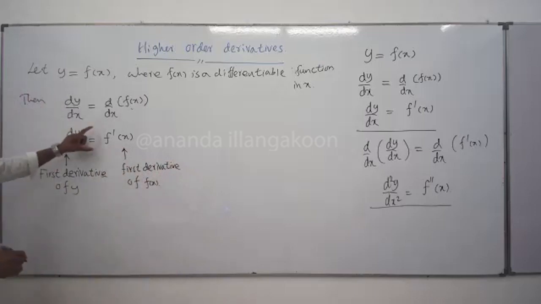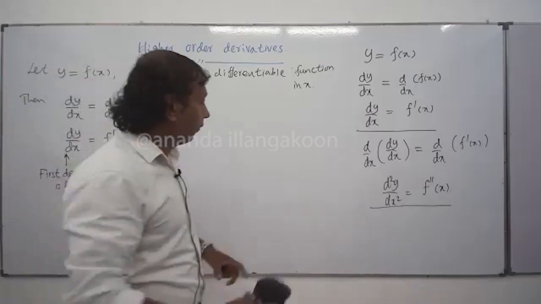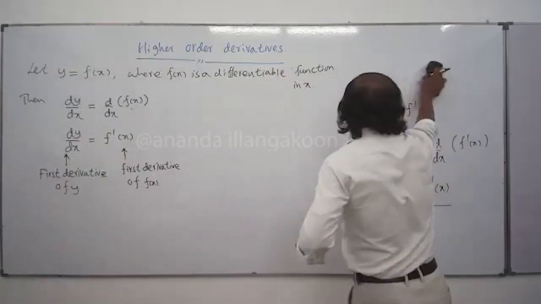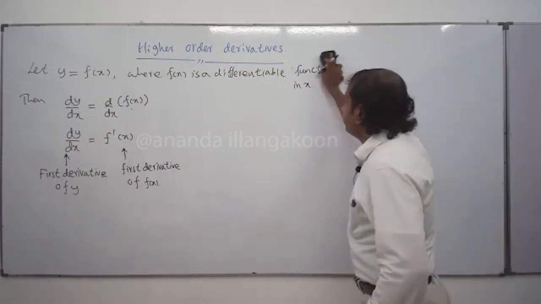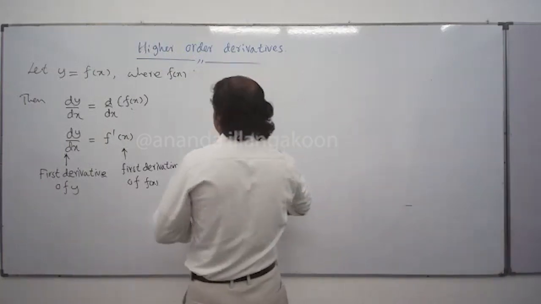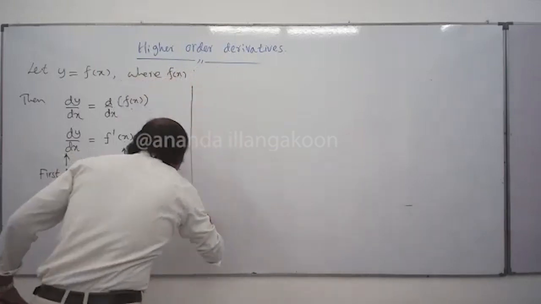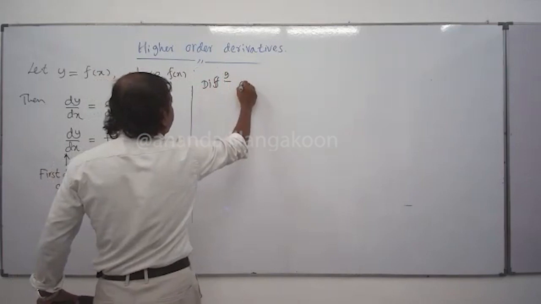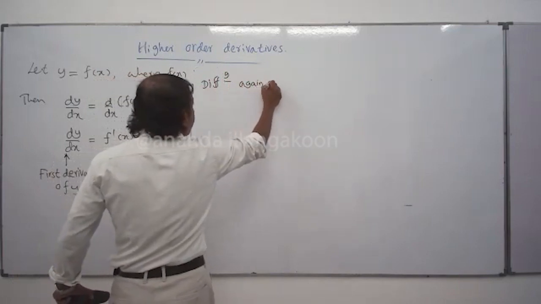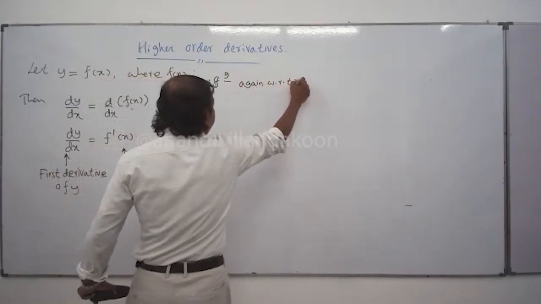Now this one we again differentiate. Differentiating again with respect to x. This is how we write in short form. What?